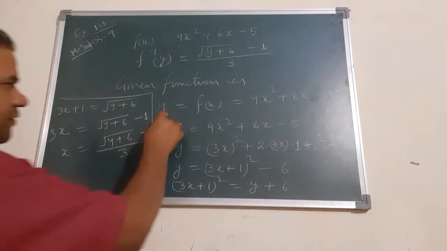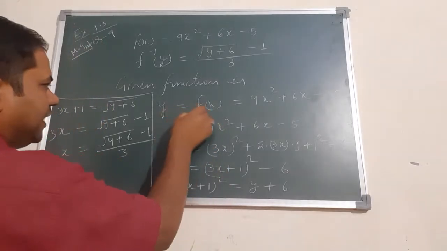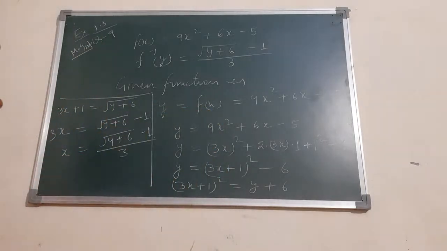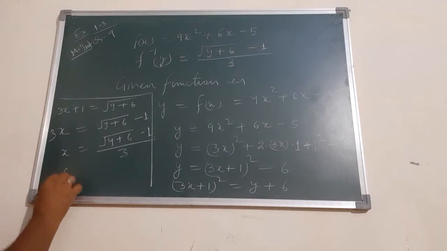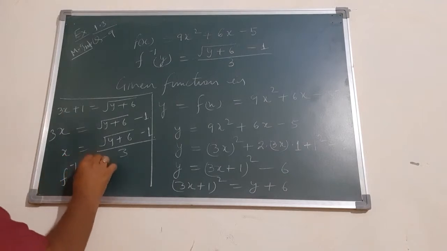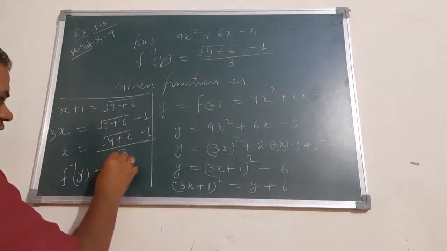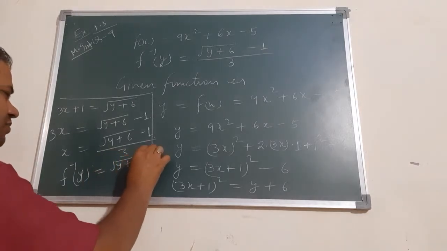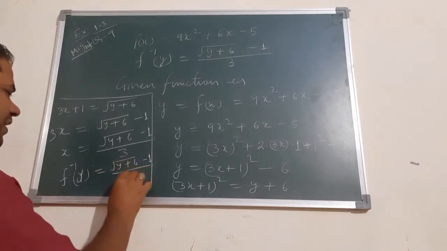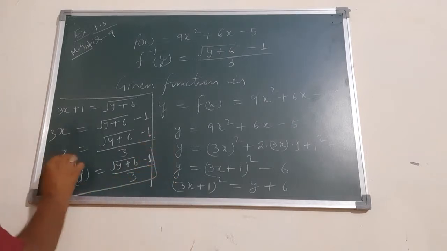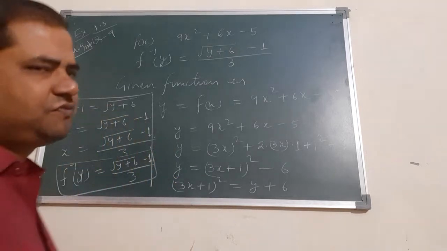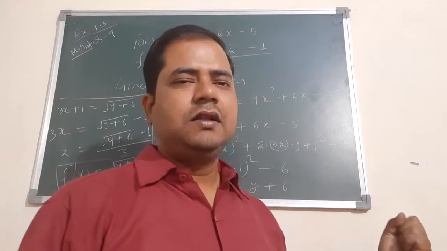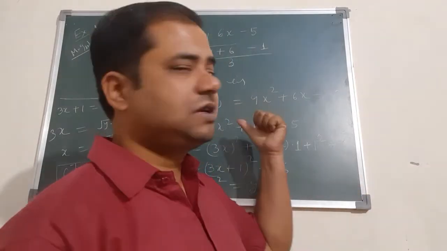And you know very well, if y is equal to f(x), then x is f inverse of y. So you can write f inverse of y is nothing but root of y plus 6 minus 1, divided by 3. This is the inverse of the function. We are going to discuss the first method.